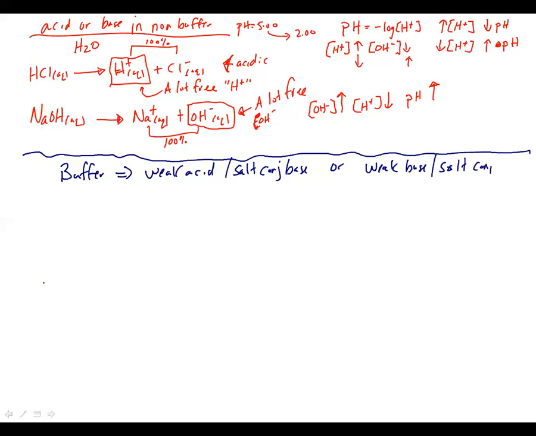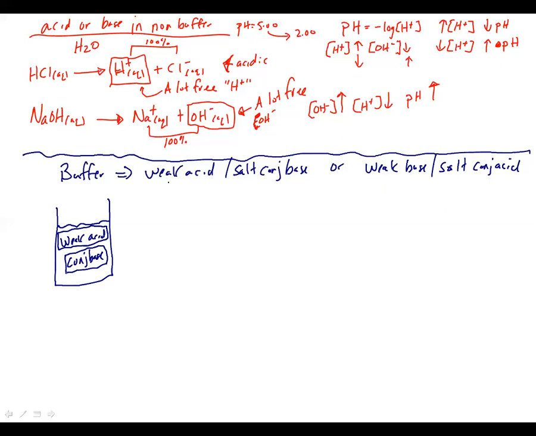And in this solution to begin with, you have your weak acid, for example, floating around, and you have the conjugate base floating around. So you basically have an acid part in that solution, and you also have a base part floating around. Or again, obviously, you could have the opposite, a weak base and a conjugate acid.